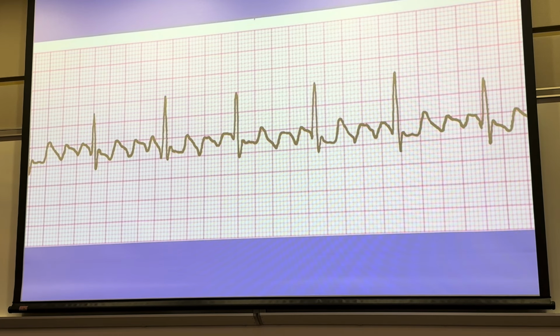Remember AFib, there was the inconsistent spacing in between our QRS complexes. I have more of a regular spacing here. Are the peak heights relevant at all in this? Not really. A flutter has very similar interventions, things we need to consider with AFib.